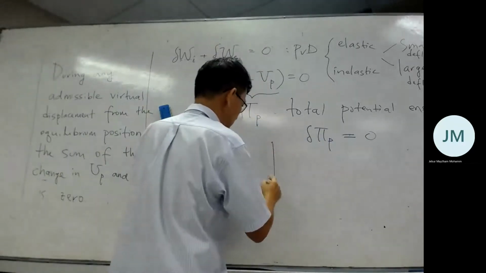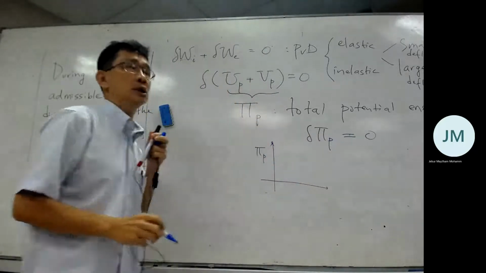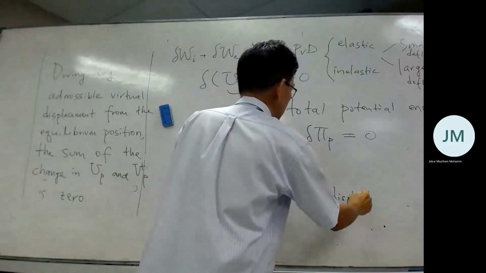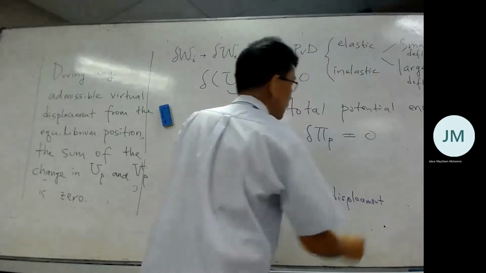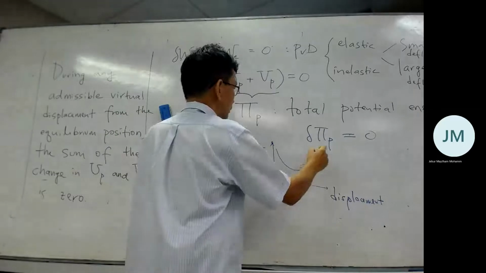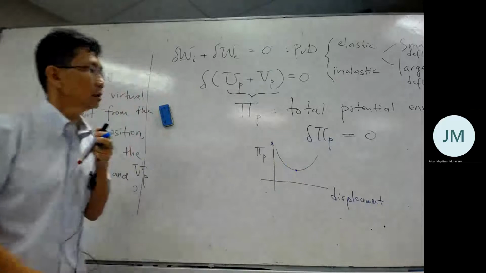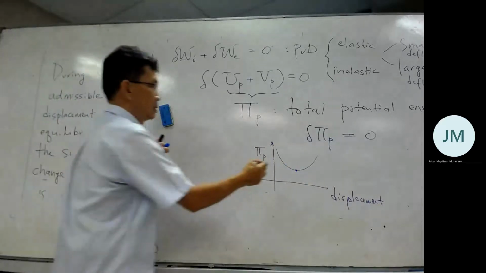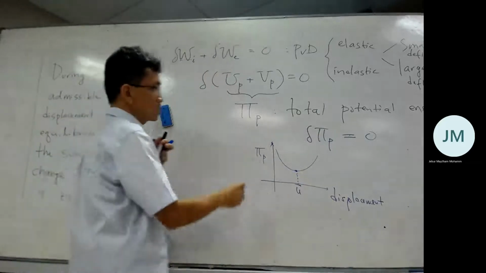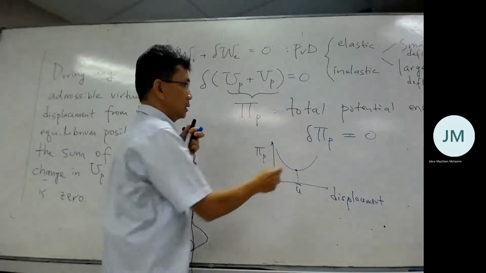If this is the total potential energy and this is displacement, and you draw the graph, this is the situation here. At this particular point, the change in total potential energy is 0.